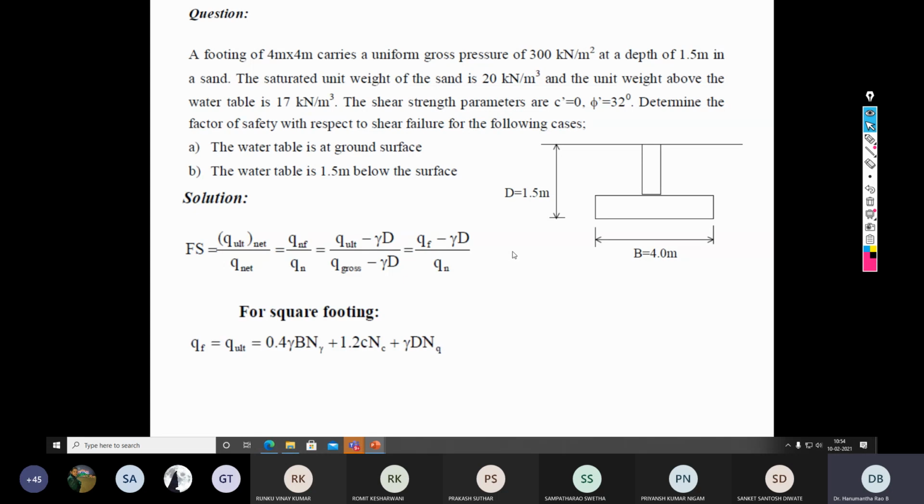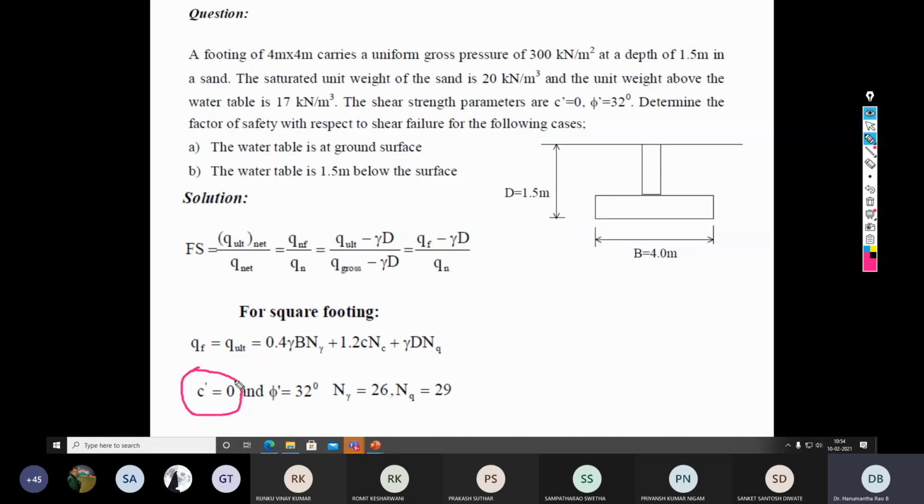Or you can directly use another factor of safety equation. This is the equation for the square footing, and these are the values for phi dash of 32. Just remember, in this sum, the value of the cohesion is 0.